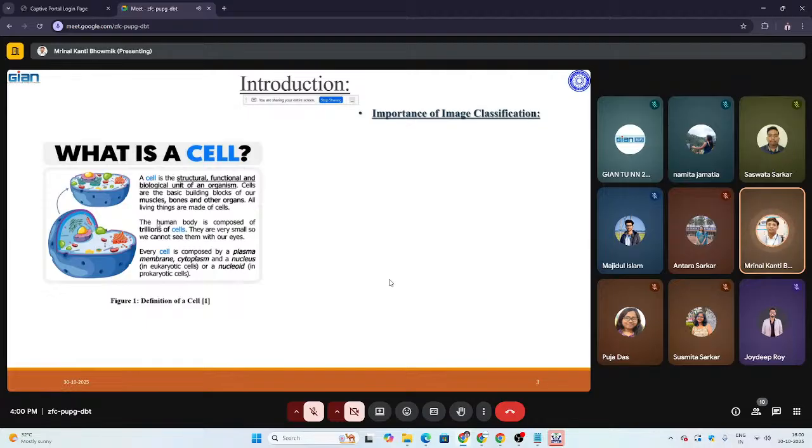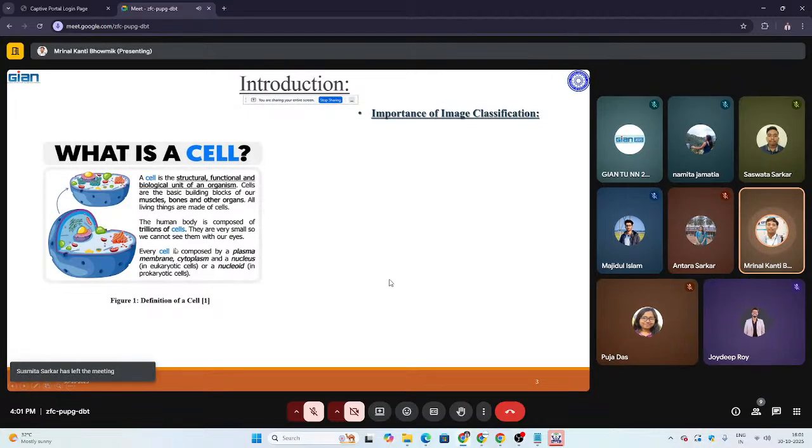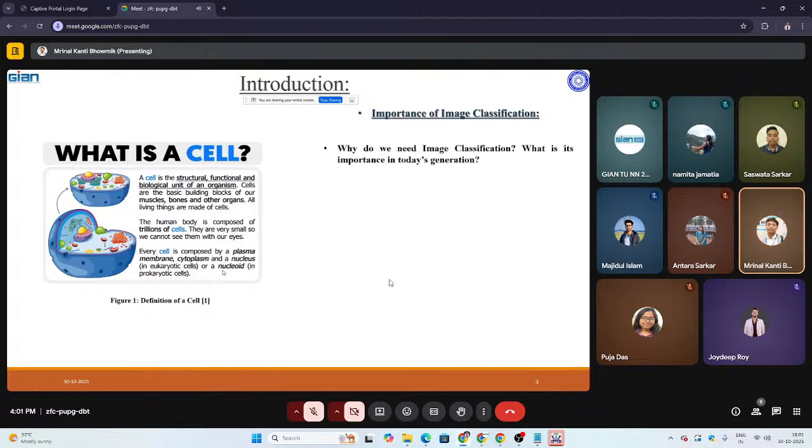So I just kept a basic concept of what a cell is. Every cell is composed of plasma membrane, cytoplasm, and nucleus, which is known as nucleus in eukaryotic cells and nucleoid in prokaryotic cells. So basically, I'll be performing image classification, that is microscopic image classification, on cells.